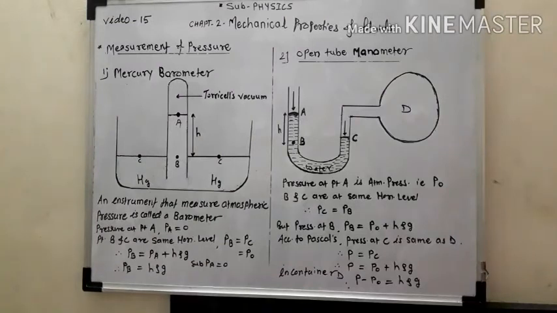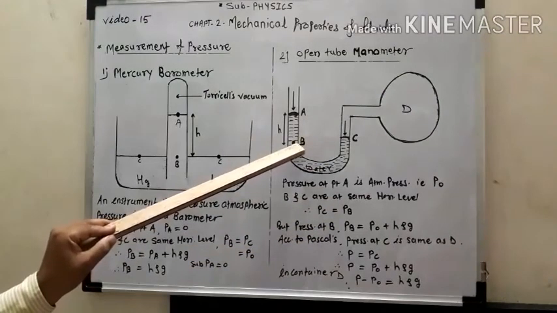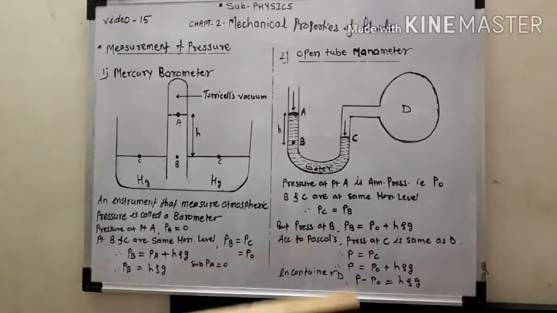Now the pressure at point B is given by P0 plus h rho g, where h is the height difference, rho is the density of the liquid in the manometer, and g is the acceleration due to gravity.